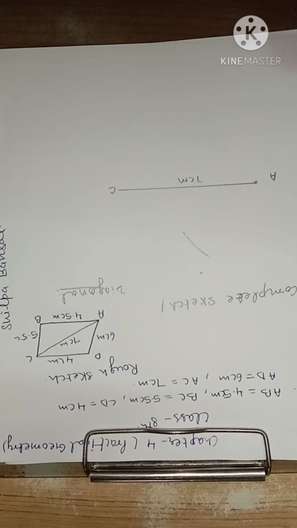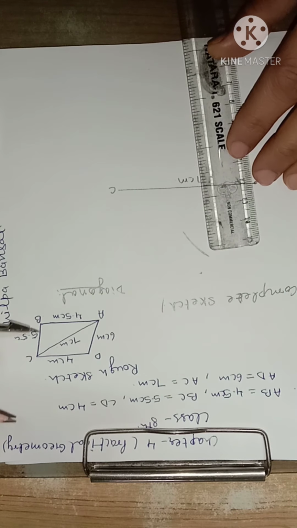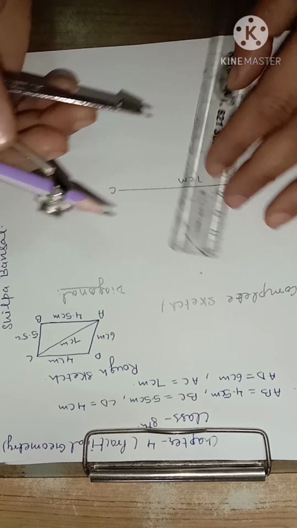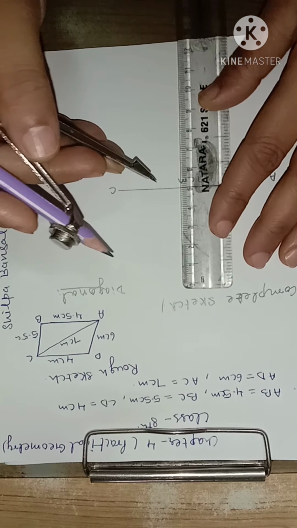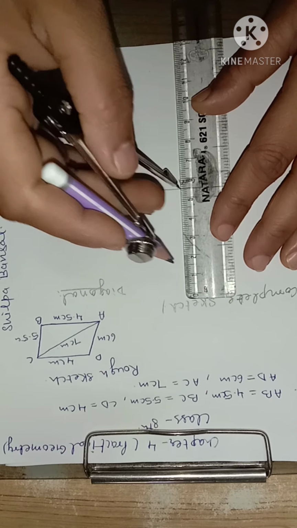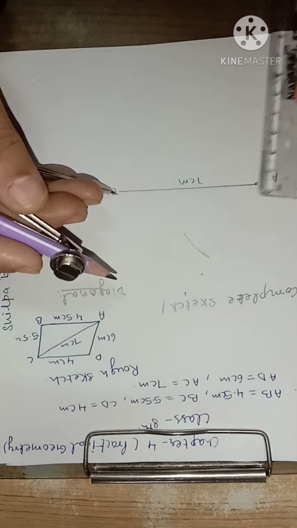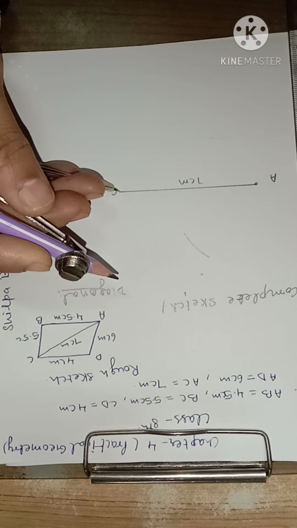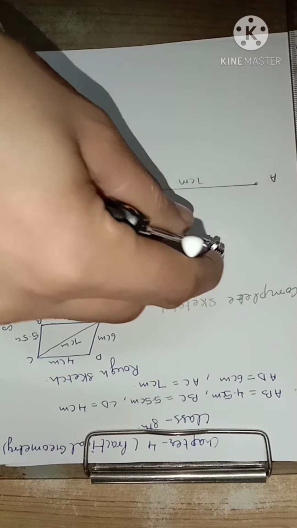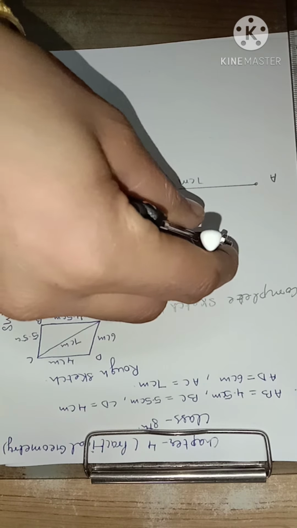Now check the distance from C to B. The distance is 5.5. Open the compass to 5.5, keep it at point C, and cut the arc which you have already made.